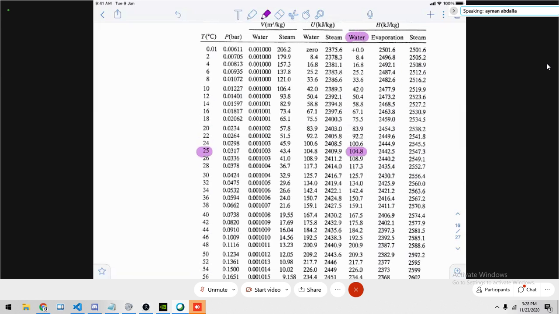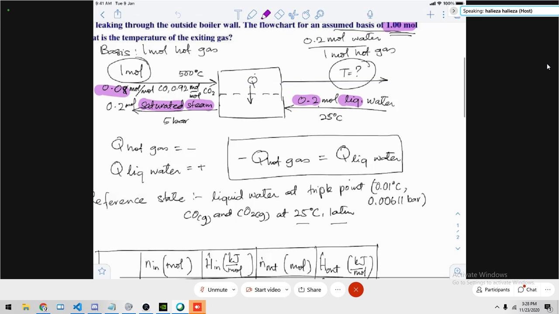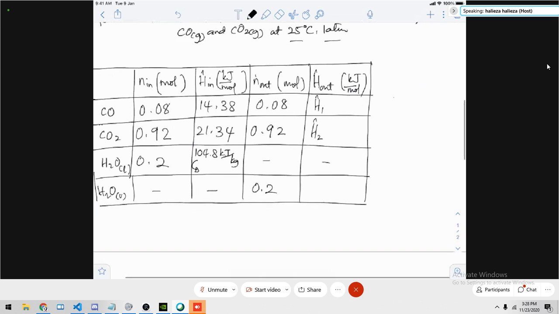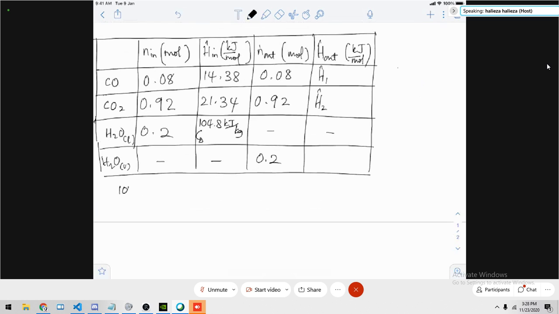Yes, 104.8. The unit is kilojoules per kilogram. 104.8. I'm going to write that here first, 104.8 kilojoules per kilogram. I'm going to change that to kilomole.